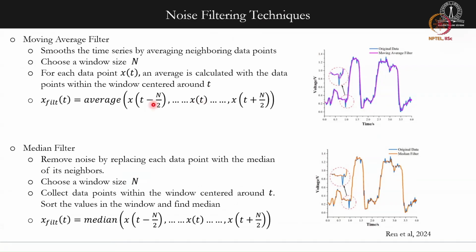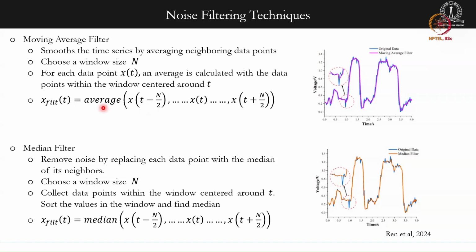Once it estimates that average, the filtered value at that point is nothing but that computed average. And it does this operation over the entire data series, sliding this window of size n throughout the entire data series, and generates a whole new time series of filtered data. So that is what the moving average filter does.